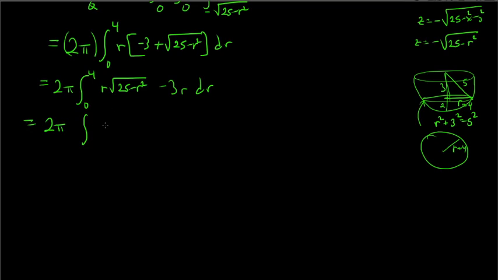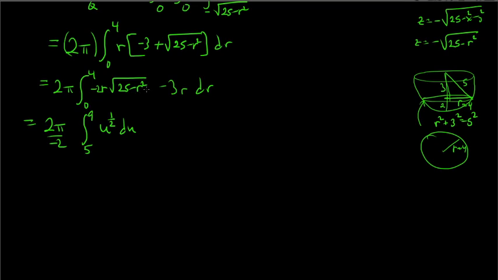Yep, so we're going to get square root of u, where u is 25 minus r squared, so we need a negative 2, divide by negative 2, and then I think we go from 5 to 25 minus 16 is 9, right? Yeah, u goes from 5 to 9. Oh, wait a minute.